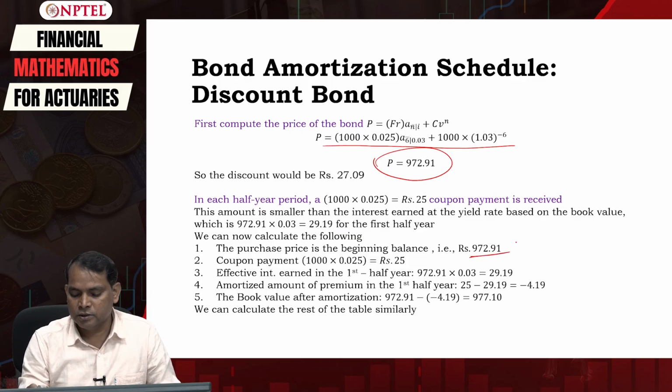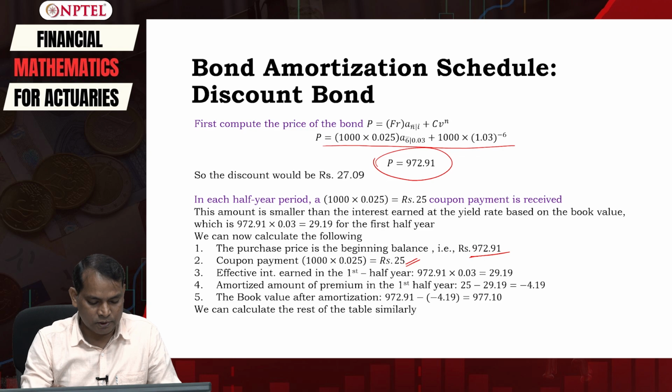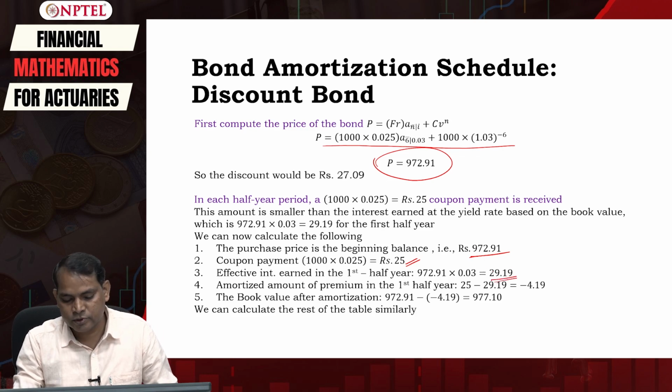This is the price of the bond, and this is the coupon payment, that is 25 rupees. Every time you have to make a coupon payment. The effective interest rate earned is 29.19. These three things we have already computed.